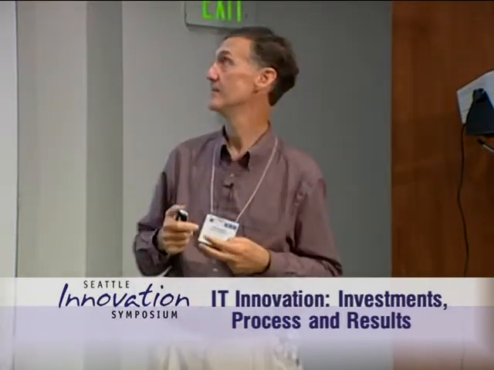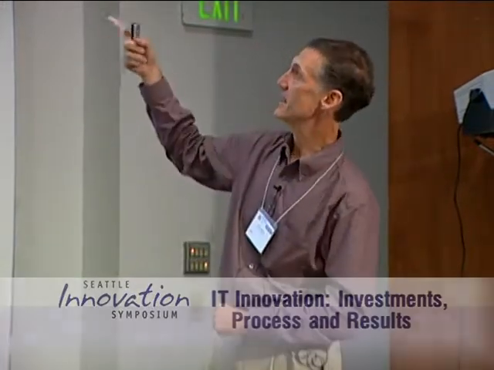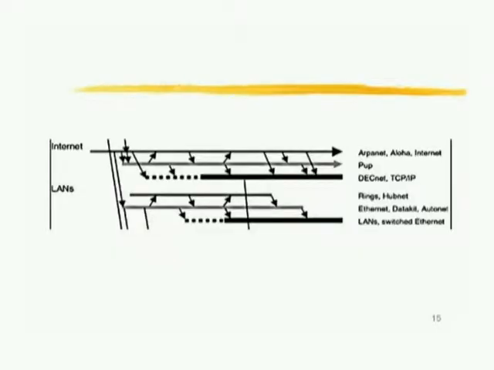But it was not the first internet working protocol, nor is it the only element of what we think of as the internet today. So again, here's just the picture. This diagram lists the Aloha Network among internets because Aloha was a broadcast network connecting the Hawaiian Islands in the 1960s.